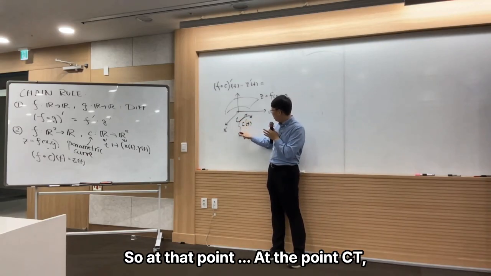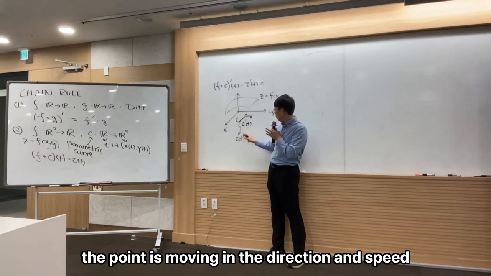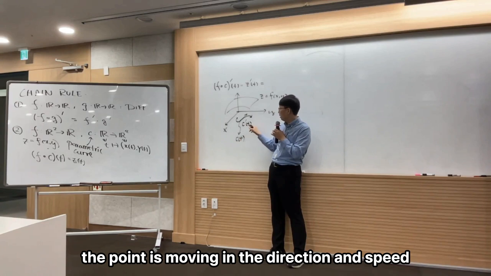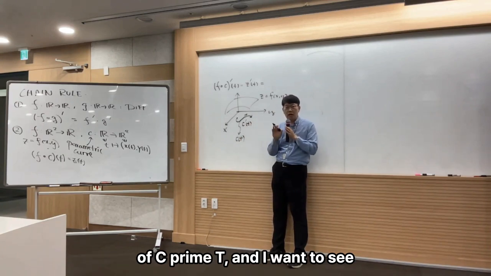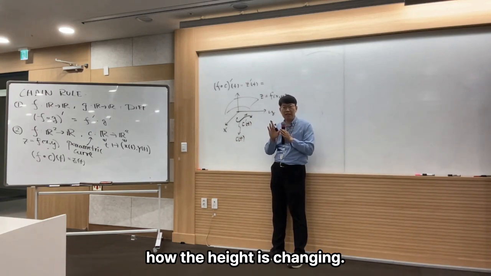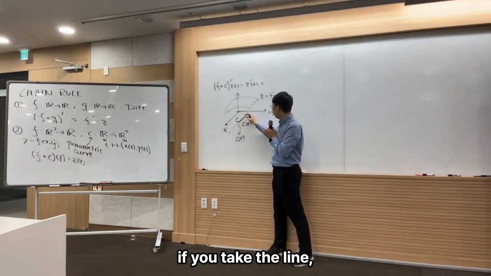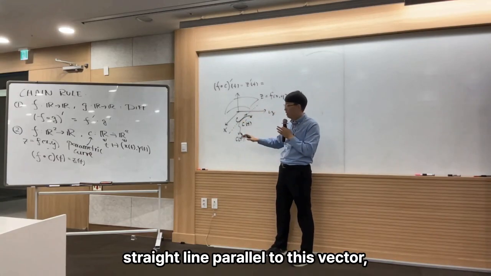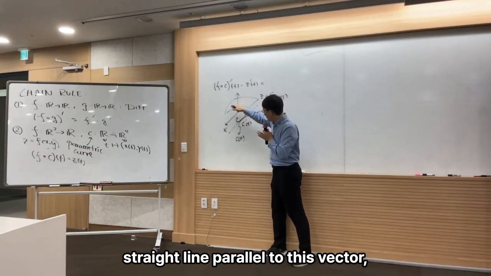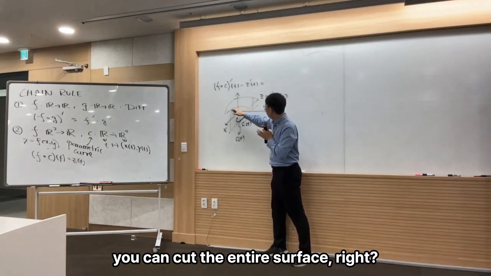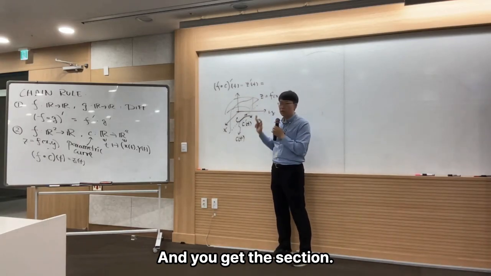So at the point c(t), the point is moving in the direction and speed of c prime t, and I want to see how the height is changing. If you take a straight line parallel to this vector, you can cut the entire surface, right? And you get the section.